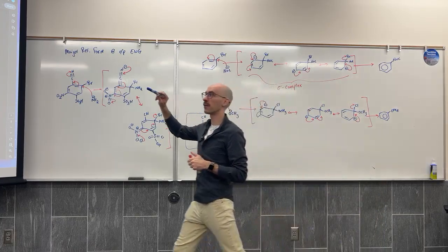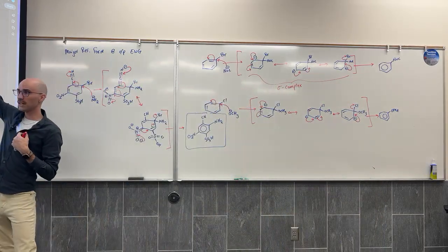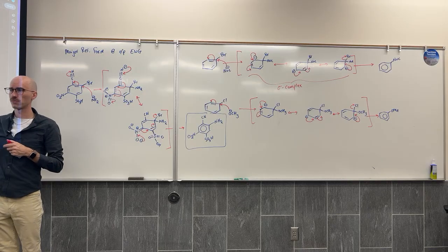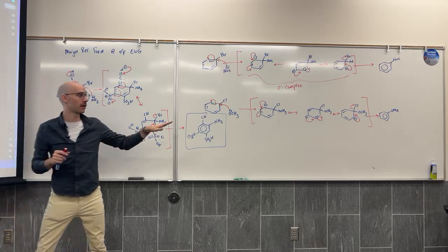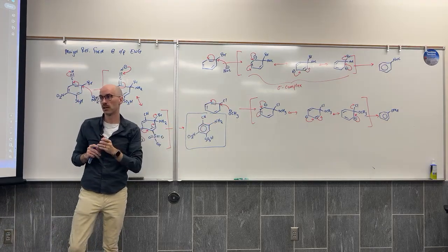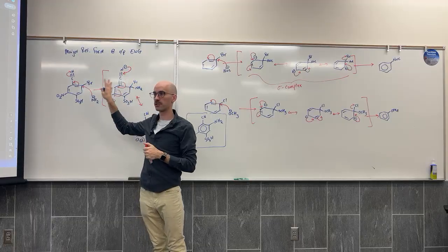Why don't we start with the one on top? How many major resonance forms do you suspect will be in here? Three major resonance forms, which would mean only the minimum resonance forms, so no electron withdrawing groups involved.